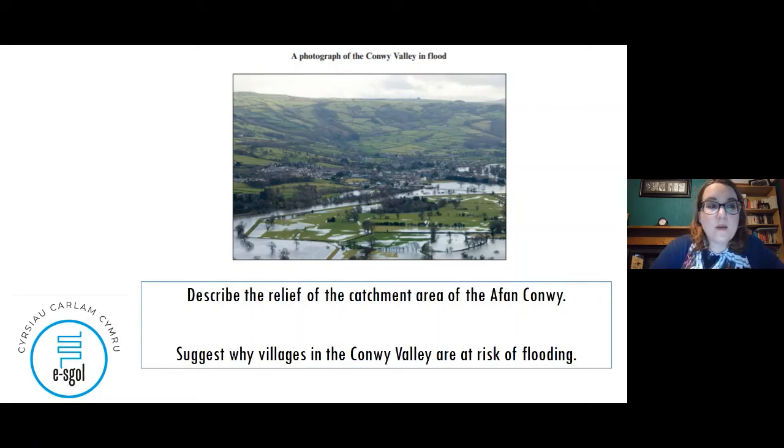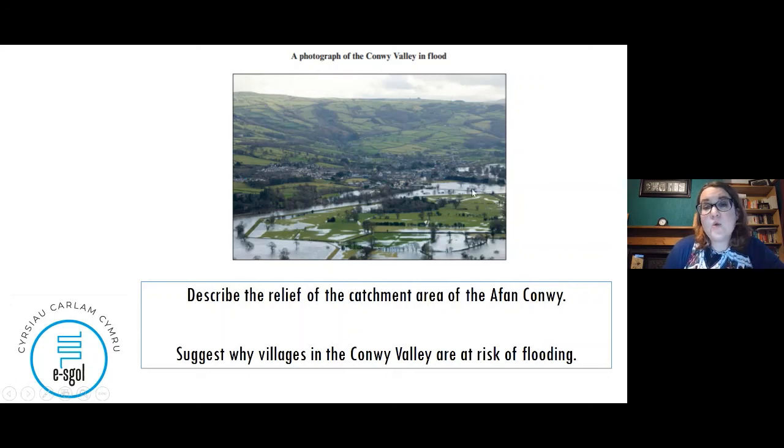If we were talking about the catchment area of the Afon Conwy, we would note that the relief is relatively steep, so that could increase overland flow. If we were talking about why villages in the Conwy Valley are at risk of flooding, once again we could talk about the relief of the land.